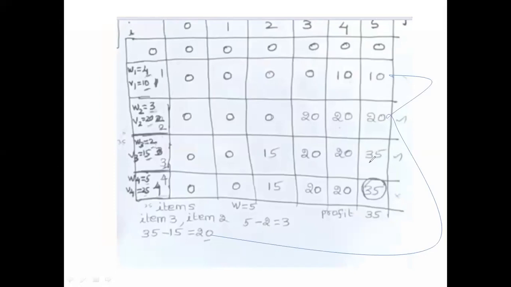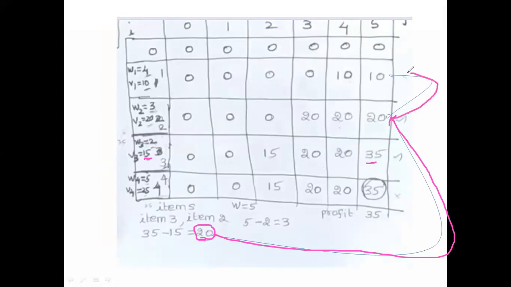So now we have selected that item: total value 35 minus 15 is 20. Now this value we compare with the previous row, to check whether the same value is available in the previous row. Yes, it is available in the previous row.